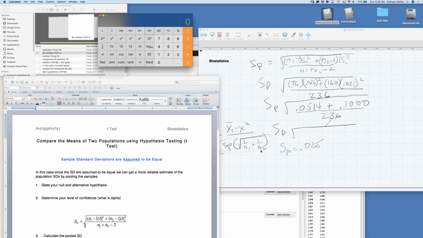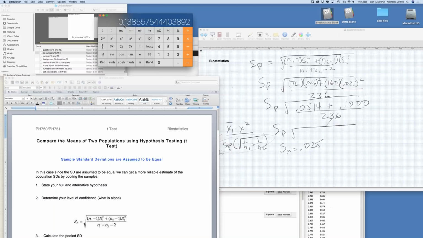I'm going to combine that with 1 over n2, which is 1 over 161. Equals this. I'm going to add that to memory also. I'm going to clear that. Let's see what if I recall that. Yep, that worked. Okay. So I'm going to take the square root of that whole thing.